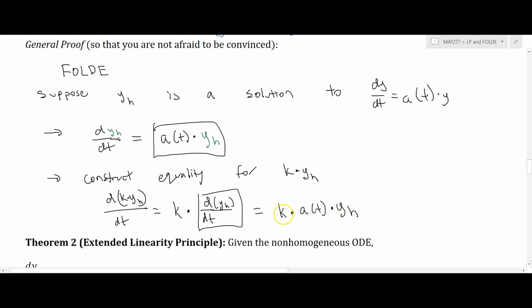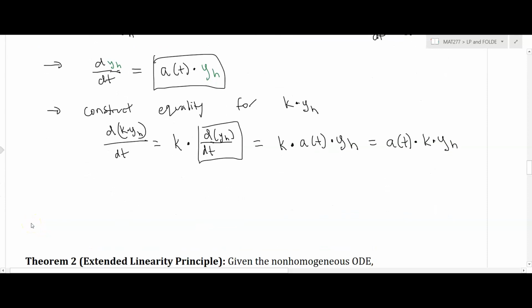Now, because I have the multiplication of three things here, I can rearrange the order in which I multiply those things. And if I write it like this, you can in fact see that from our three equalities, what we're now able to deduce is that the two ends are equal to each other, right?